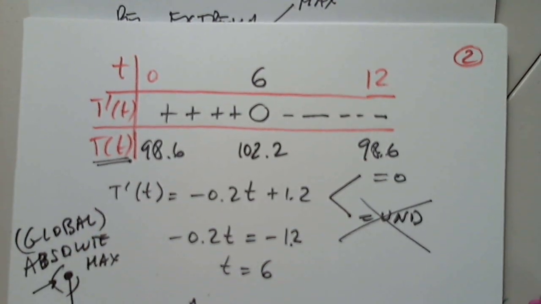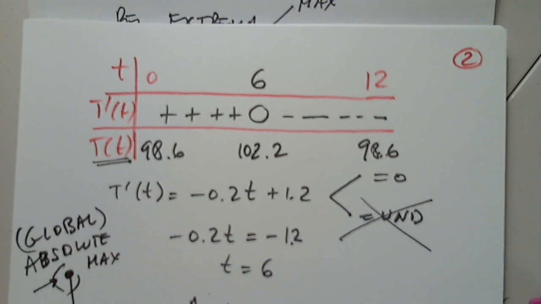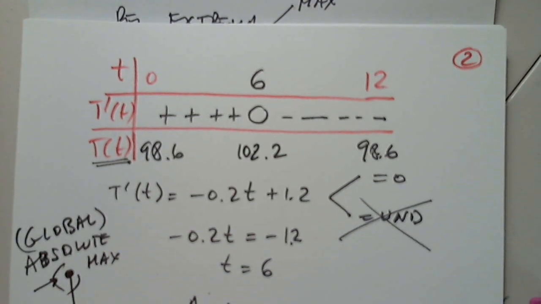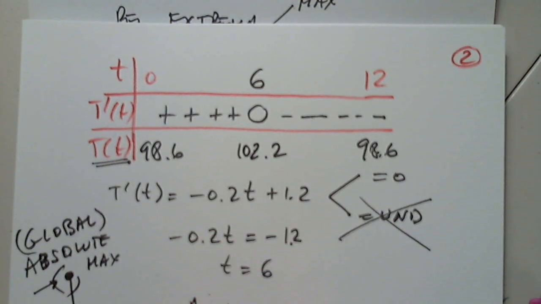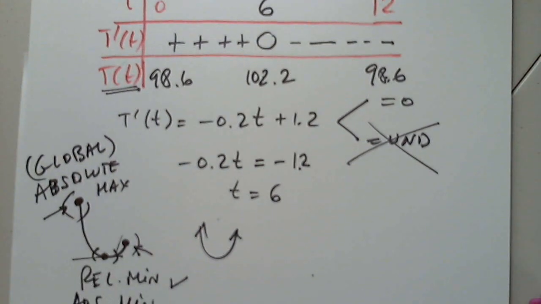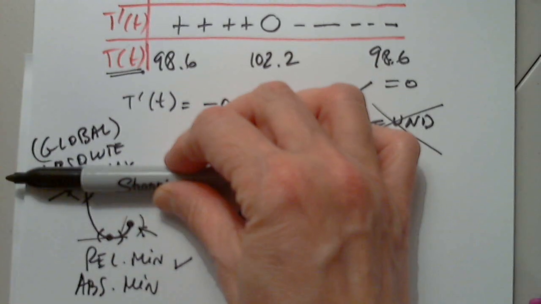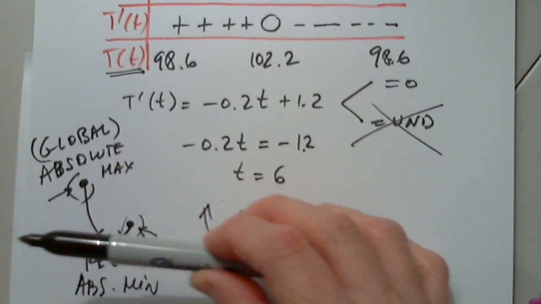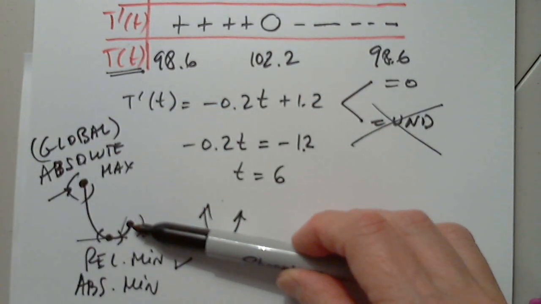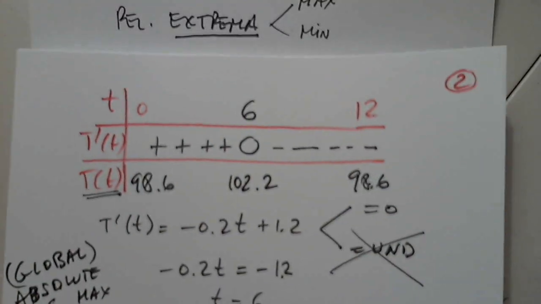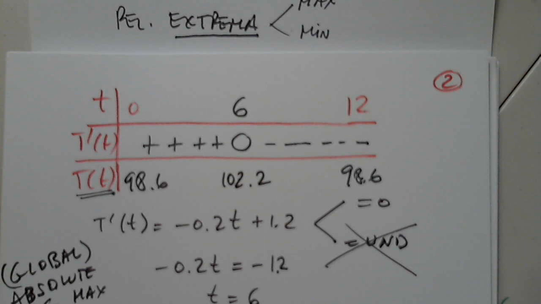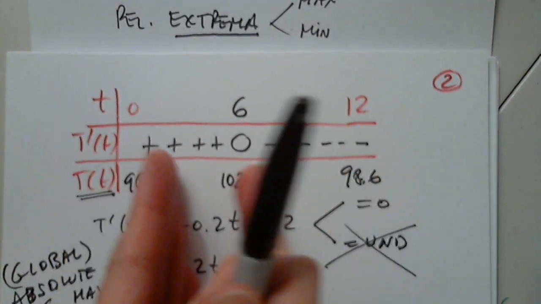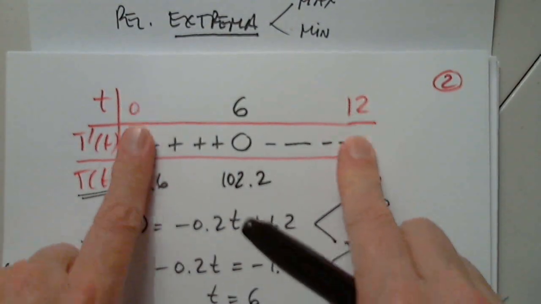And this is the absolute minimum and relative minimum because there is no other value smaller than it. Okay, so this is the absolute minimum, and this is nothing. So when we are asked to find the relative extrema, we are only asked to find points inside the interval, not the endpoints.